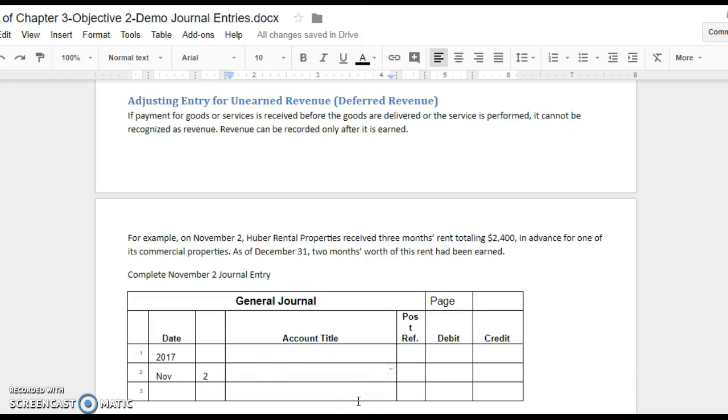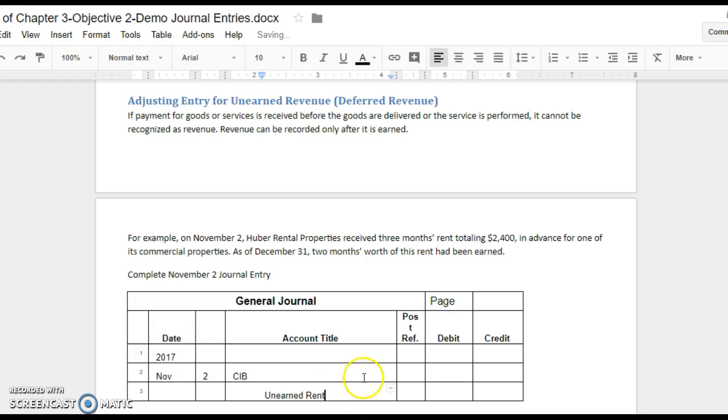For this one, we received the money and we haven't earned it. So we would have debited cash in bank and credited rent revenue, but we haven't earned the revenue yet, so we actually owe our customer rent.